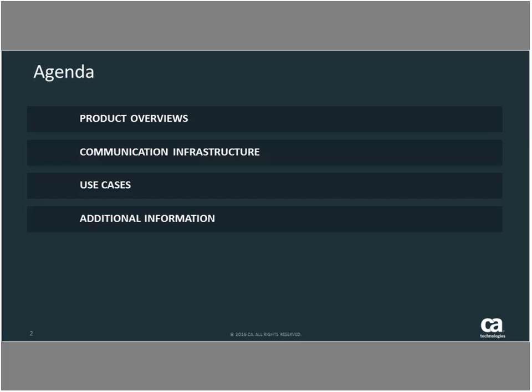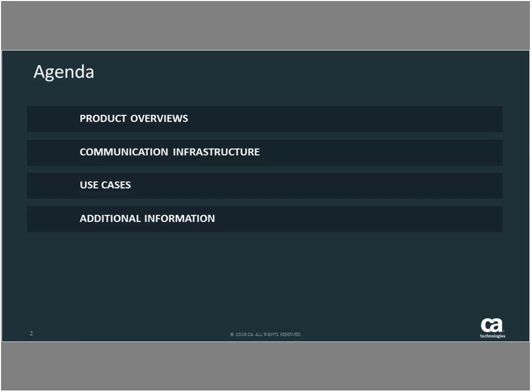Let me jump to the agenda here. The first piece we're going to talk about is what the two products are, at a high level. I'm not going to spend a lot of time on that, just so you understand what they are. Then we'll go into the communication infrastructure, how the integration piece works, and the technical pieces of what the two can do with each other.